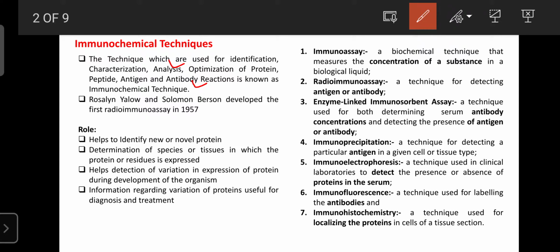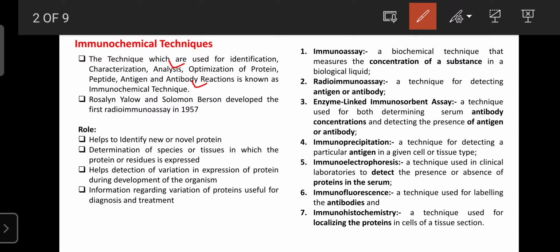The presence of that band indicates that the candidate was suffering from COVID-19 or a particular disease. New and pro antigens are also detected, which antigens can react, or which kind of antibodies can react to form the antigen antibody reaction. All of that is identified only by immunochemical techniques.